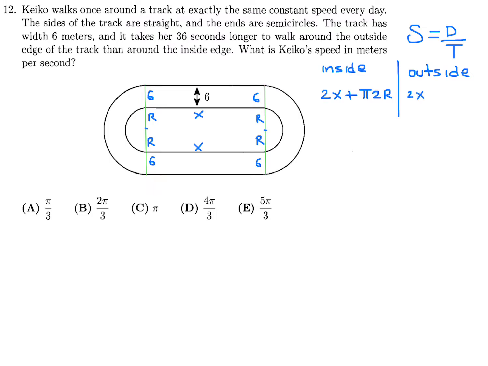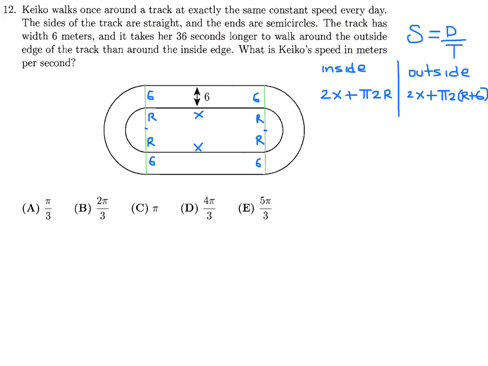And then we've got 2 larger semicircles there and there, so that's 1 full circumference. So again, that's pi times 2 times the radius. But this time, the radius is not r, the radius is from there to there, which is r plus 6. All right, so that takes care of the distances.